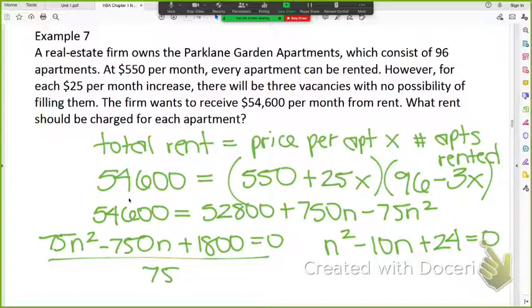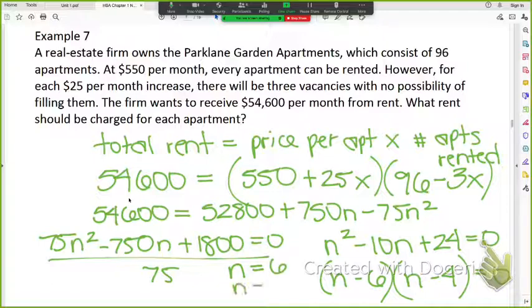What factors of 24 will add up to negative 10? So you get n is 6 or n is 4.